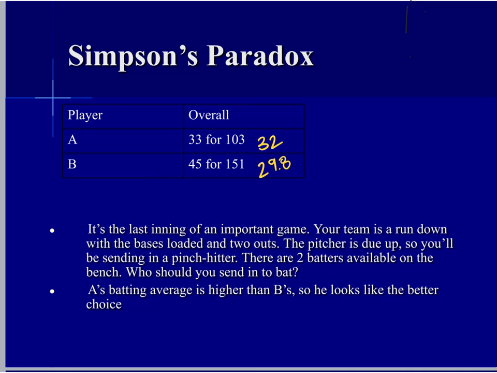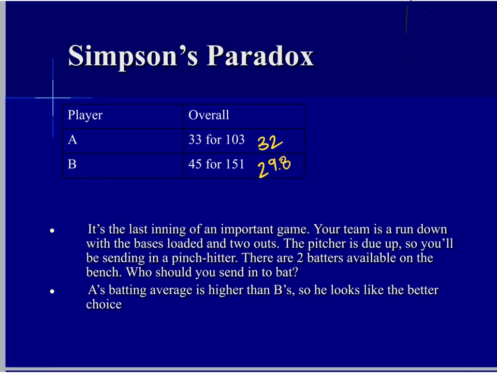So it's maybe a better idea to send in player A. But there's other things that affect batting. And we would probably be having a discussion, and I'd be looking for someone who plays baseball to give me some information about what are some of the things you consider when you are putting a batter in against a pitcher. And one of them is whether the pitcher is right or left-handed.